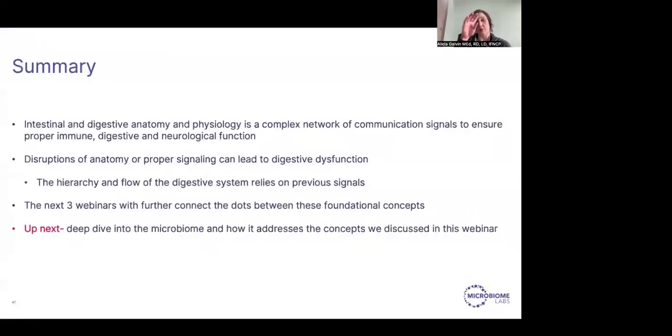So essentially, in summary, we have a really complex intestinal and digestive anatomy that is really geared towards communicating signals and ensuring that we have proper immune system, digestive and neurological function. And if we have any disruptions in that anatomy, it's going to affect the function.